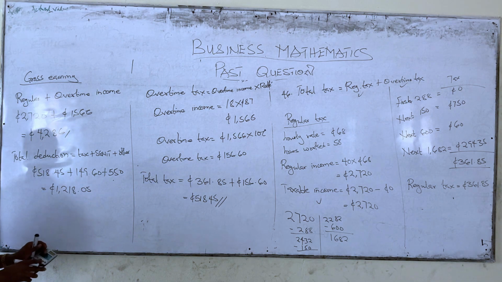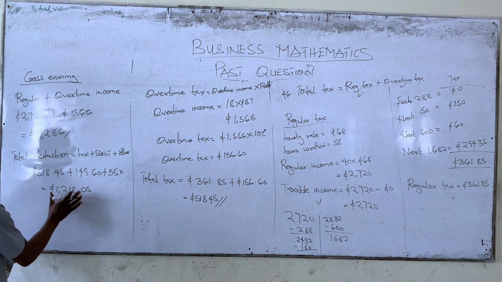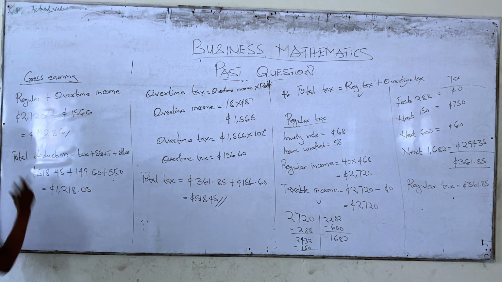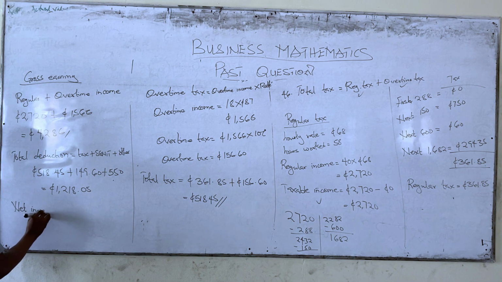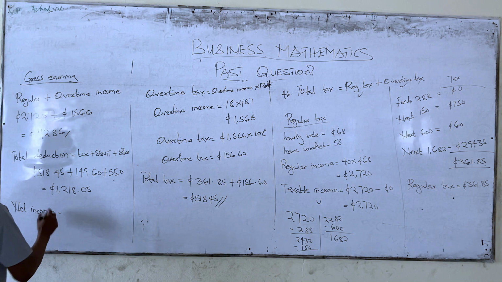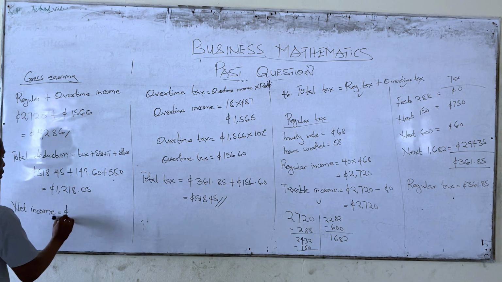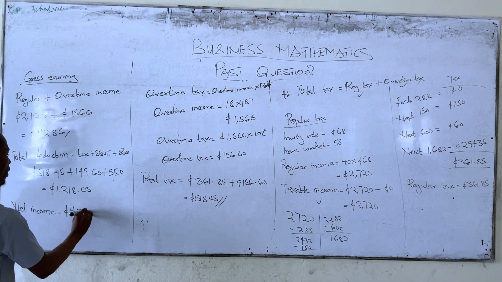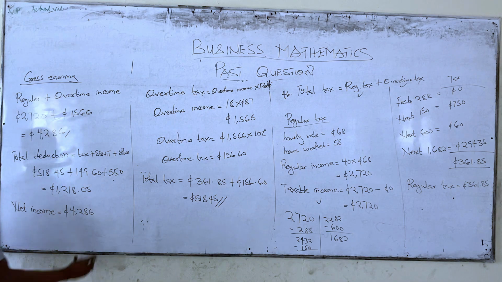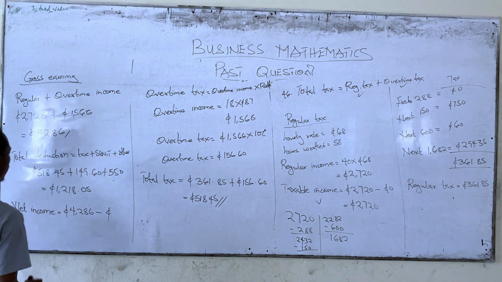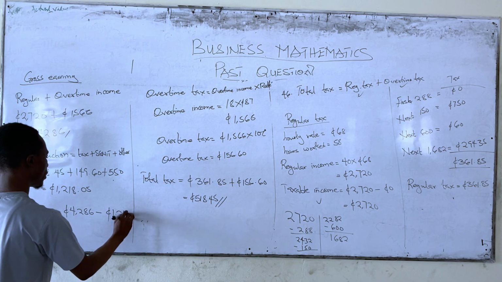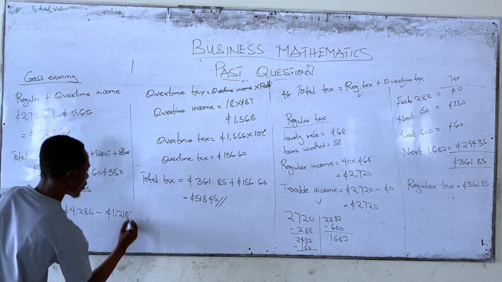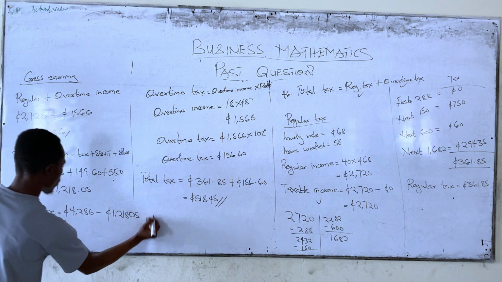1218.05. Okay, so that is the total deductions. I hope you get it now. So now that you have gotten the total deduction, you take it from the gross earning to get your net income. So your net income in this case is going to be your gross earning, which is 4,286, minus your total deductions, that is 1218.05.